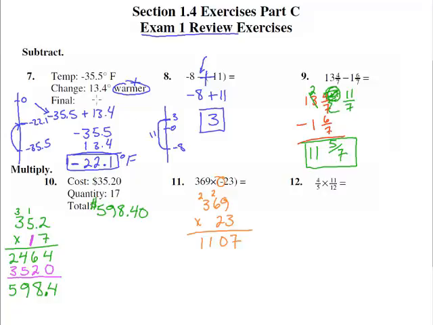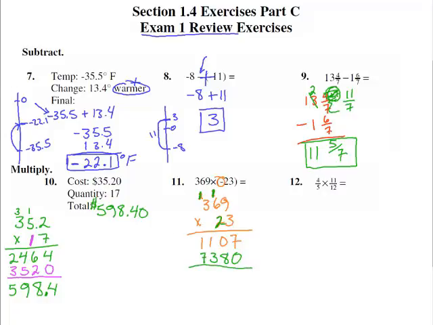Let's use a different color for that second row. Put it right there. There we go. Put a 0 down there. 2 times 9 is 18. Carry a 1. 2 times 6 is 12. Plus 1 is 13. Carry the 1. 2 times 3 is 6. Plus 1 is 7.